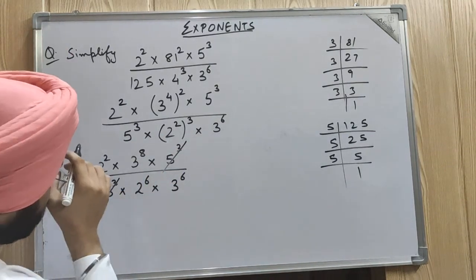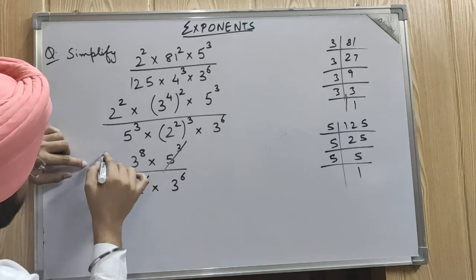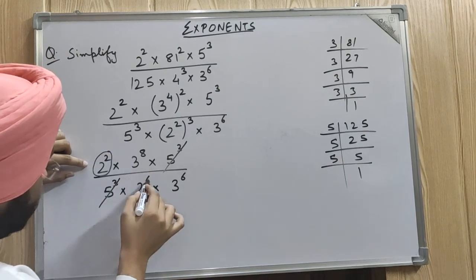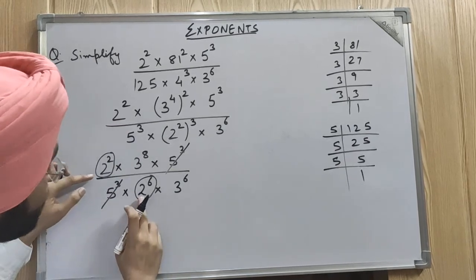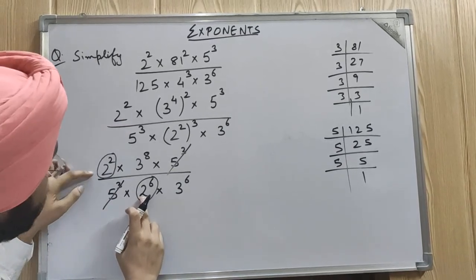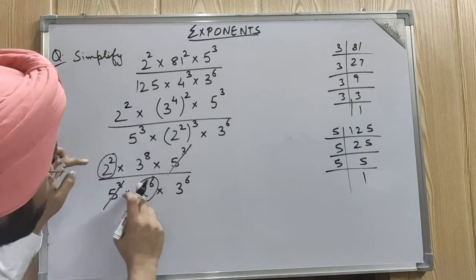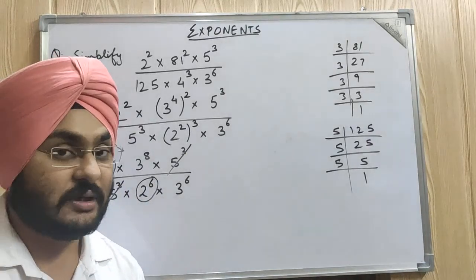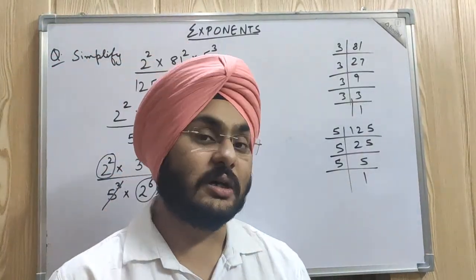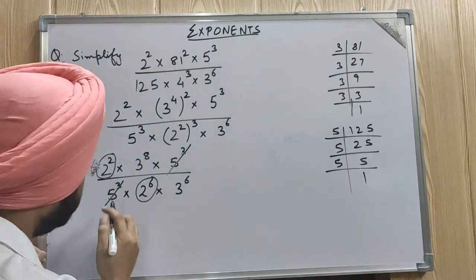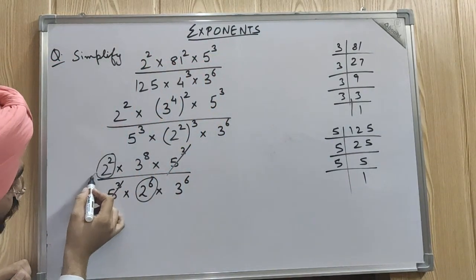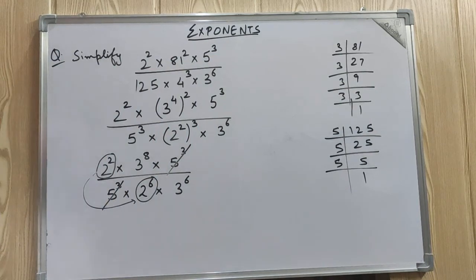So now, coming to this 2 squared and this 2 raised to the power 6. These two have the same base but different exponents, and these two are divided as well. So you know we have to subtract the powers. In this way we will be writing: I am shifting this 2 raised to the power 2 to the denominator.